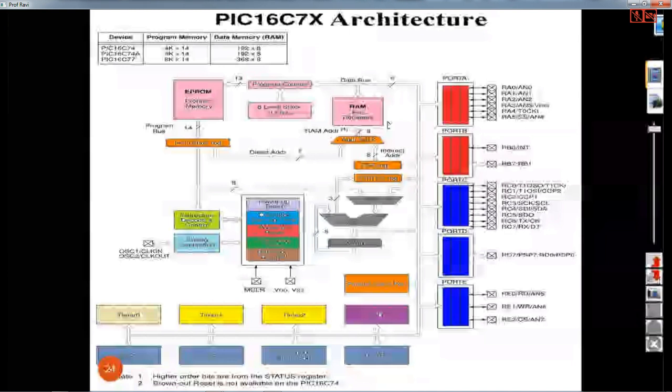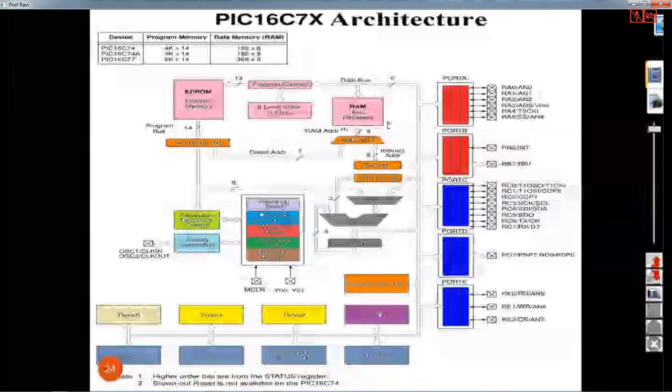Here you have port A, port B, port C, port D, and port E. Port A can act as an input-output port, or analog inputs for the analog to digital converter can be given to it, RA0, RA1, RA2, RA3, and RA4.